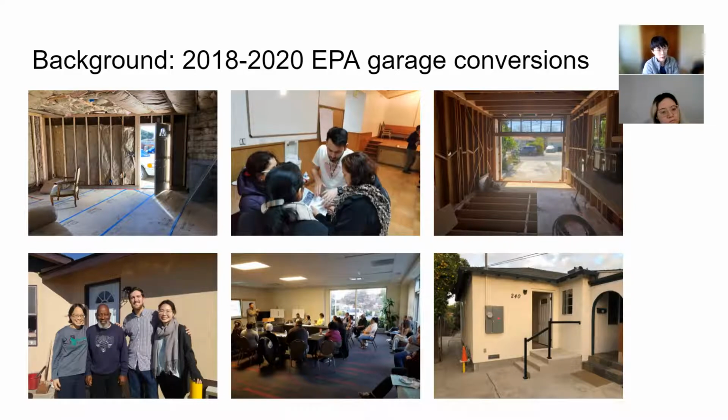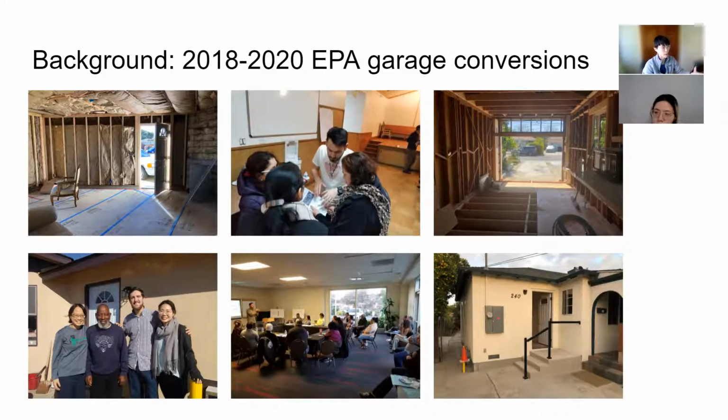We were able to do it for some projects that had grant money, but the vast majority of homeowners just had to demolish back to a garage state, to a non-habitable state, and they didn't have the money to go through the full ADU legalization or new ADU process. So I came away from that experience seeing lots of barriers, but fundamentally seeing the cost barrier as well, because many homeowners had the resources of knowledge and the folks who would guide, but we just didn't have the money to get these projects done.